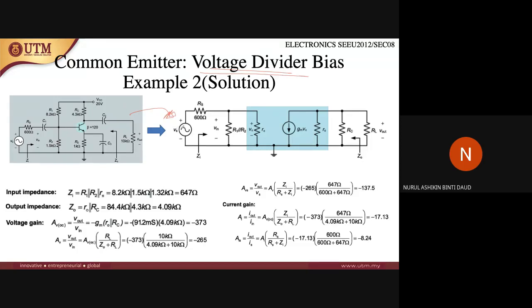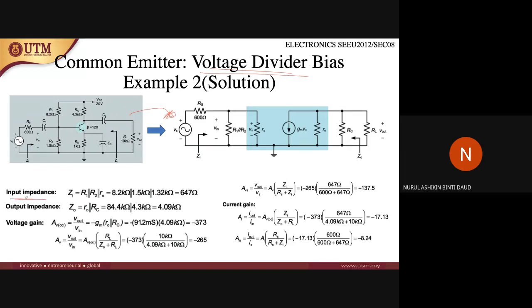So this is VS and RS here, then R1 and R2, then V pi and R pi, and then GM V pi here, and then RO, then RC here, and then RL here.